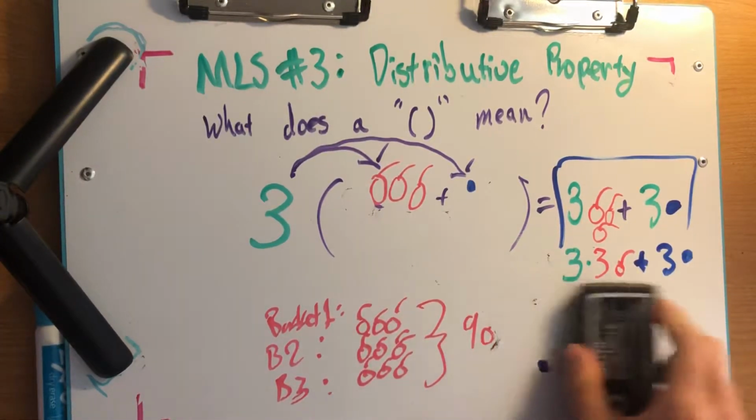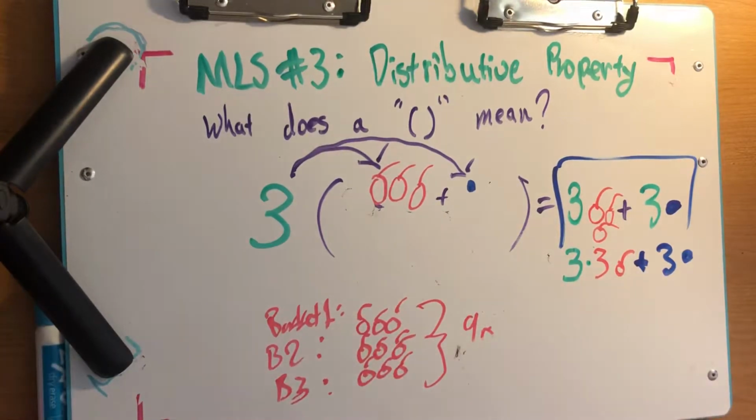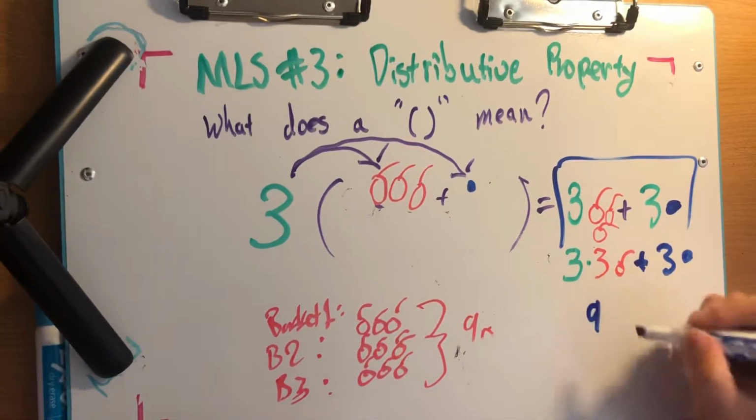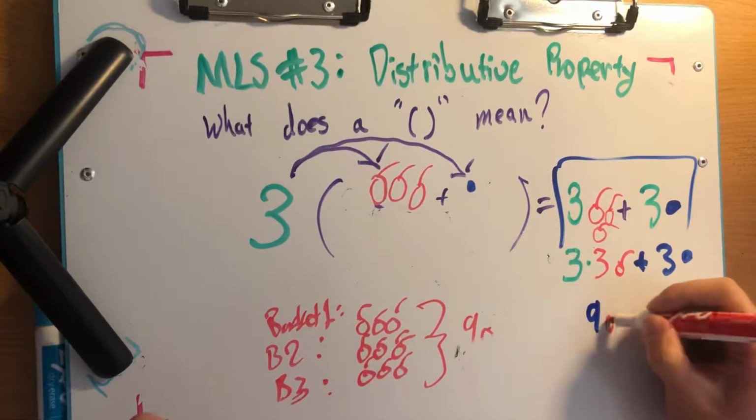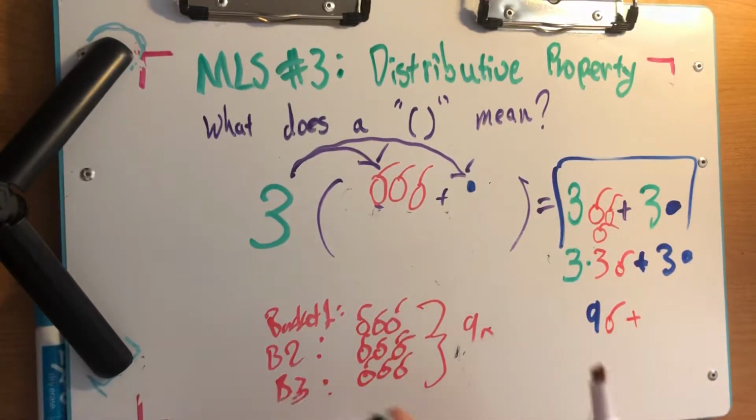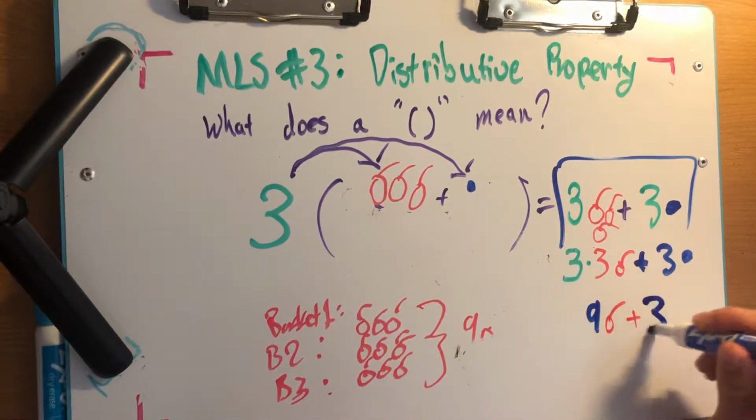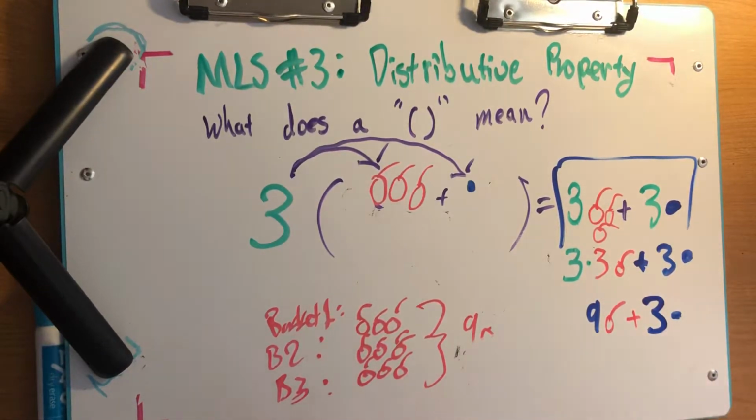All right. Once we simplify that, we end up with 9 cherries plus 3 blueberries. All right.